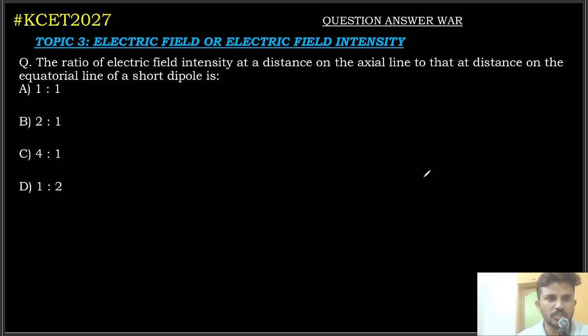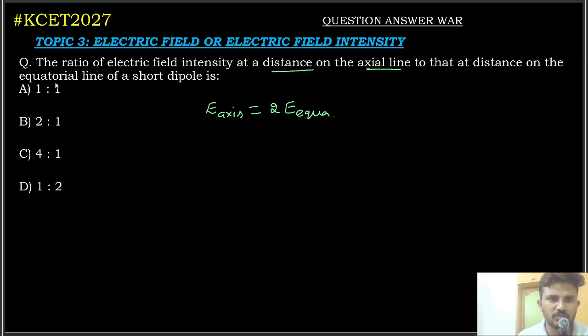Then the ratio of electric field intensity at a distance along the axial line to that at a distance on the equatorial line of a short dipole is, we know that E axial is equal to 2 times E equatorial.